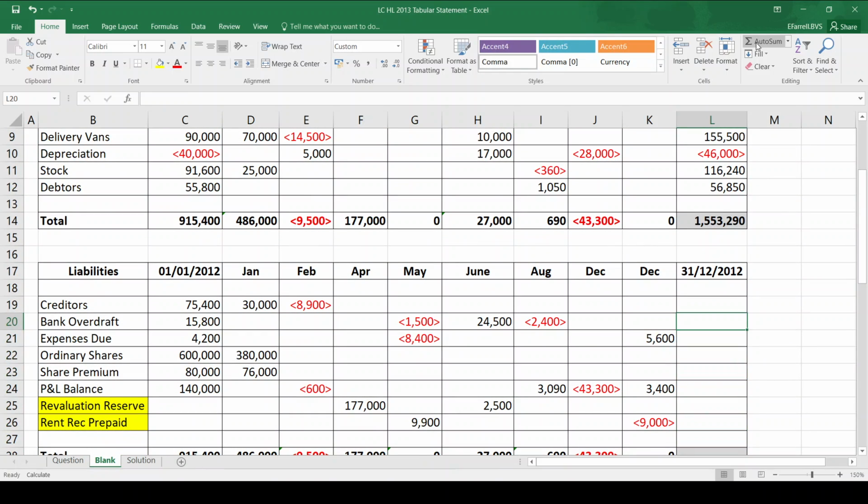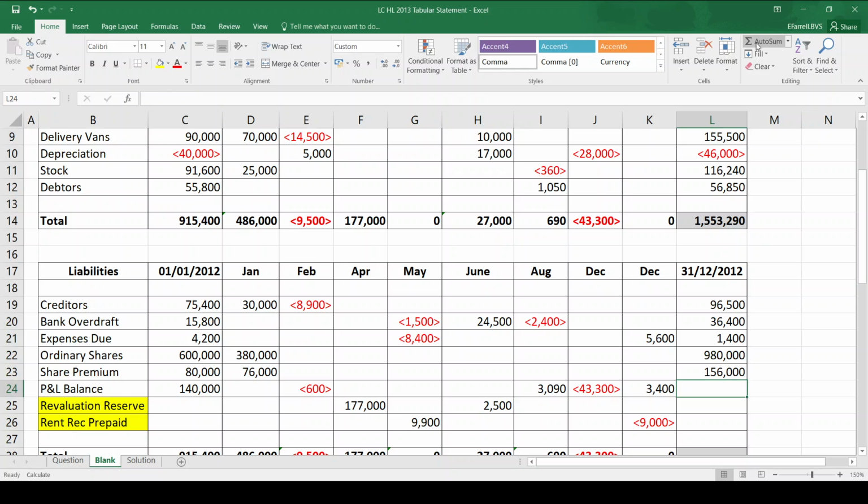I'm just going to total my liabilities now. I'm going to add these across. So creditors come to 96,500. Bank overdraft 36,400. Expenses due 1,400. Ordinary share capital 980,000.